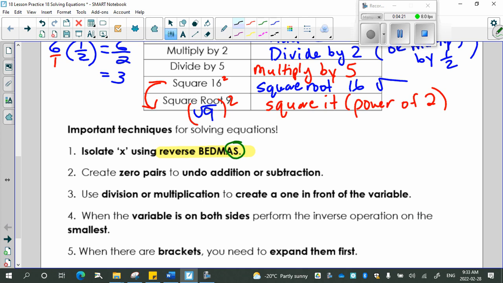So we started off with undoing the addition and subtraction, then we undid dividing and multiplying. The only thing that doesn't make sense when we talk about reverse BEDMAS is if there's brackets, we expanded them first. So I'm going to put a little star here: expand brackets first.